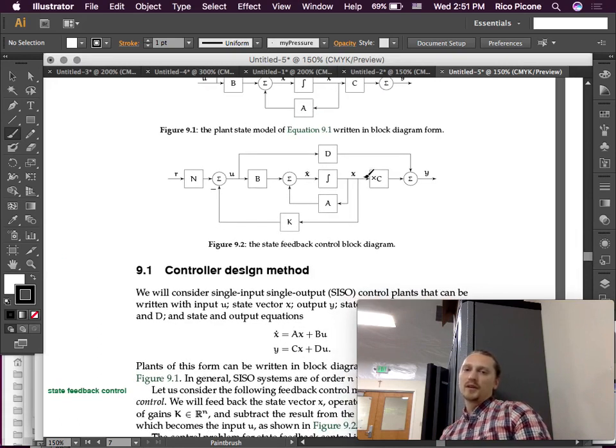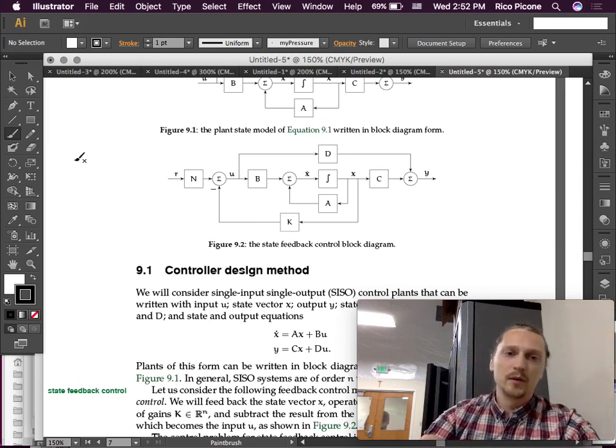And so that's what we looked at before. You feed the states back, and you compare it to the command, and you use that difference as the input to the plant. So instead of our controller being in the forward path, the cascade compensator, like we've done in the past, right? All of our previous compensators showed up.